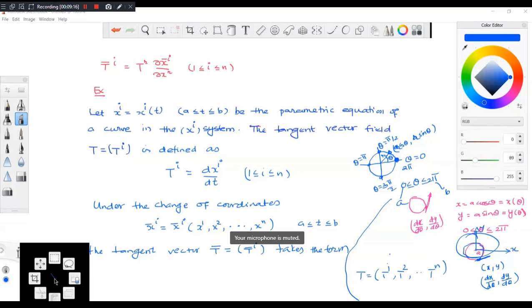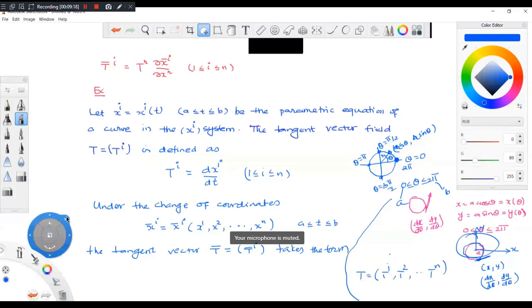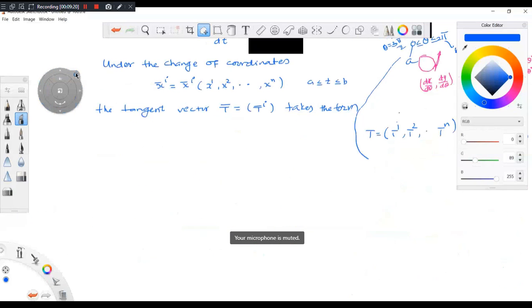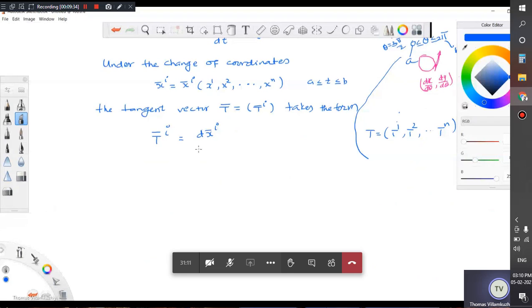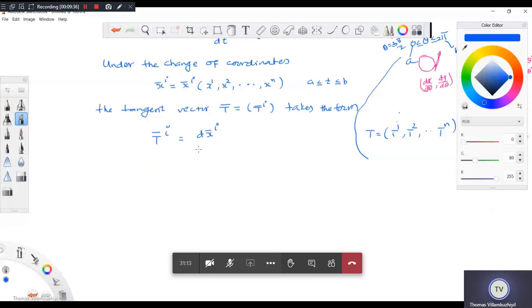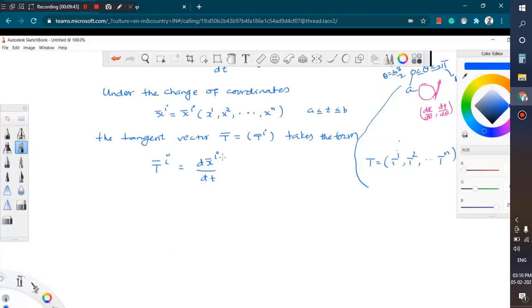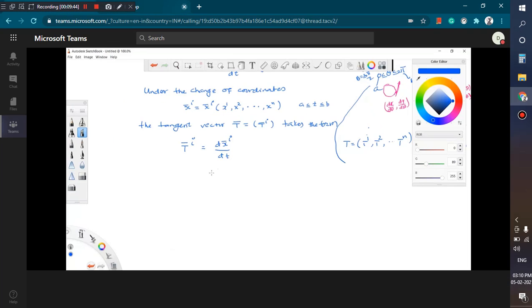So how are they changing? That is what I am looking at. That is T bar i is equal to dx bar i by dt, by the definition. Because T i is dx i by dt, so T bar i will be dx bar i by dt. So how can I write this?